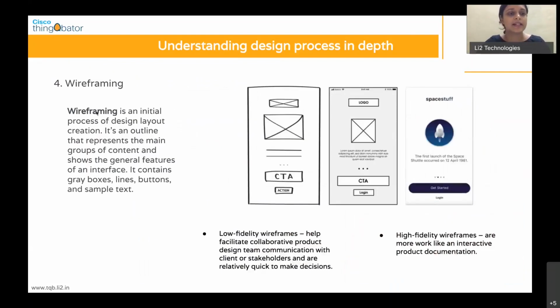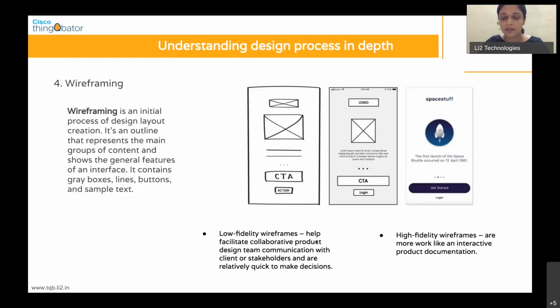And then there is wireframing. After you're done putting your sketches or ideas on paper, we move on to wireframing it. Wireframing is nothing but putting it in an actual layout where you use your elements, which will finally become an actual mock-up screen.